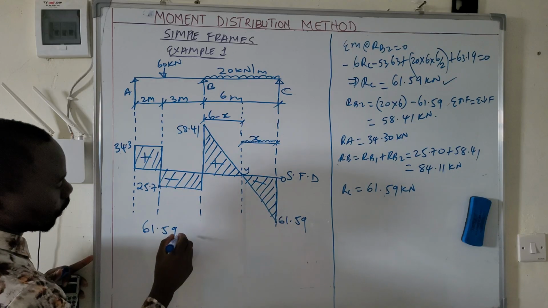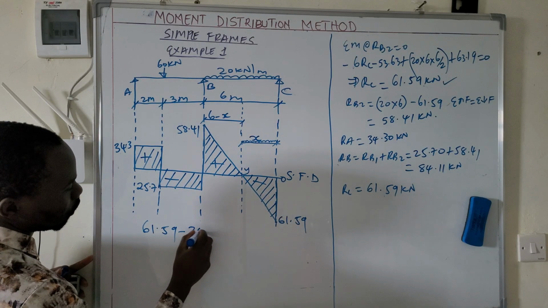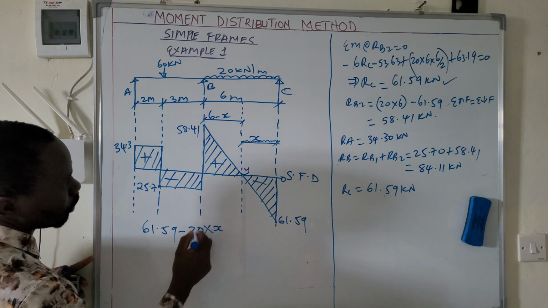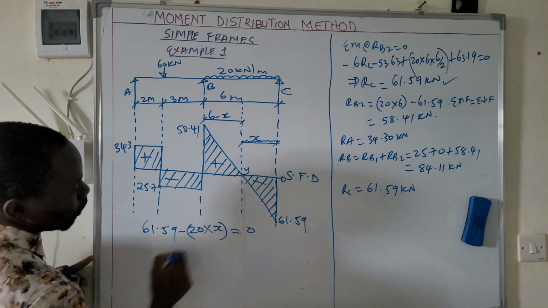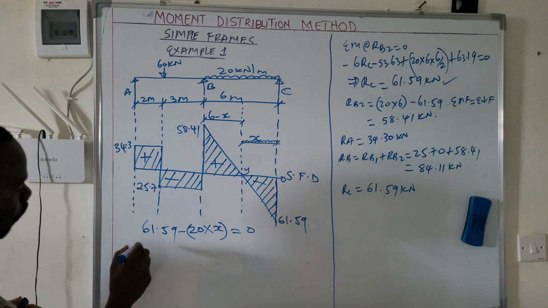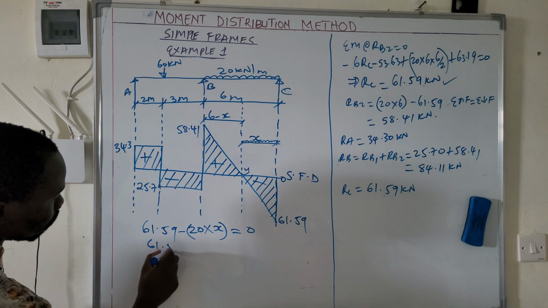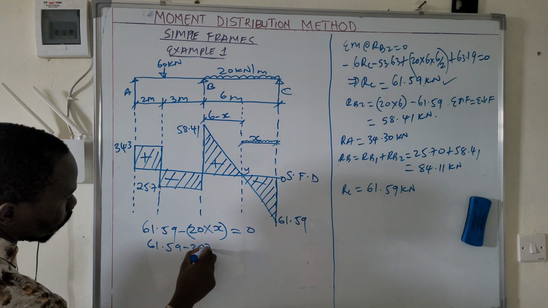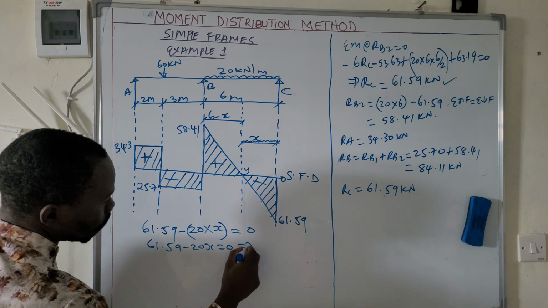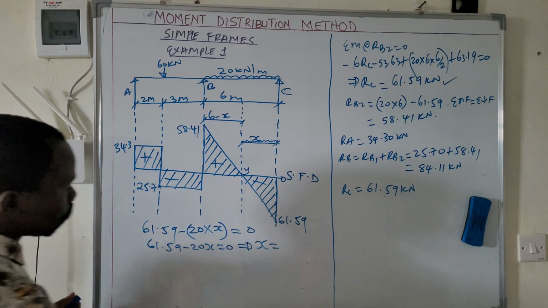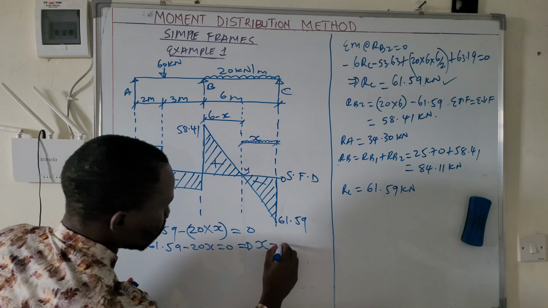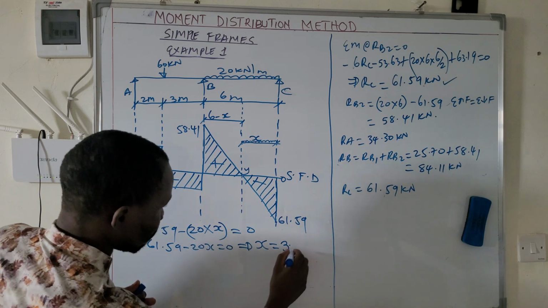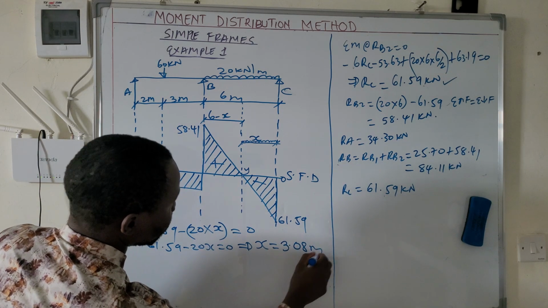So 61.59 minus 20 times x is equal to 0, which implies x is equal to 3.08 meters.